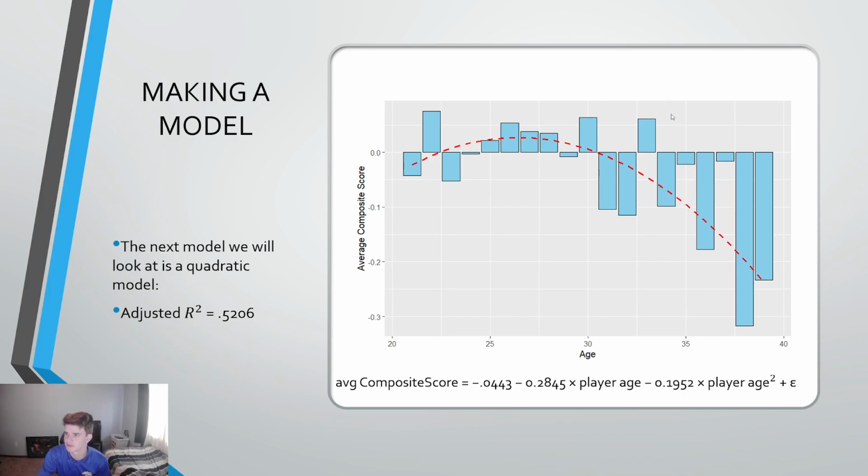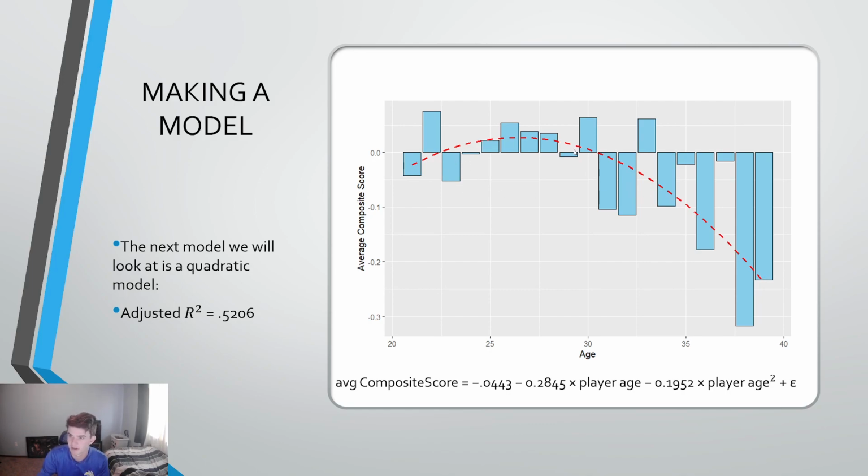Since there's so much variance right here with the ages 34, 33, 32, this goes up and down. And even look at this, 36, 37, 38. 37's performing about average in my data set, and 38 is the worst age. So this is really tough data to model.